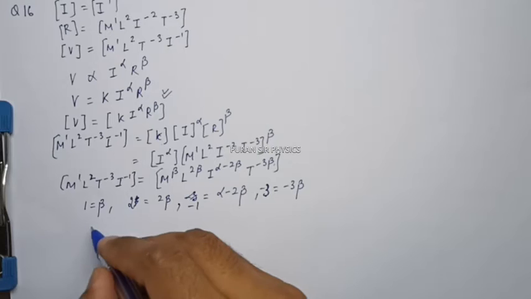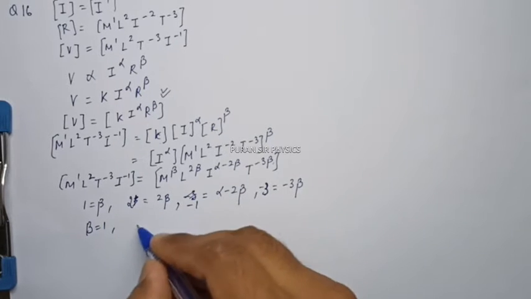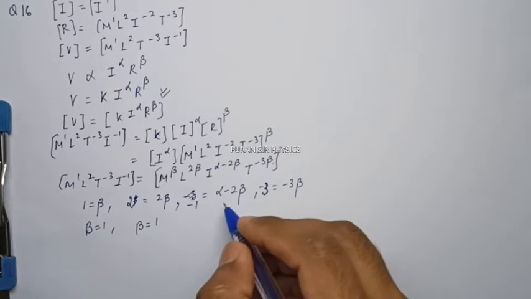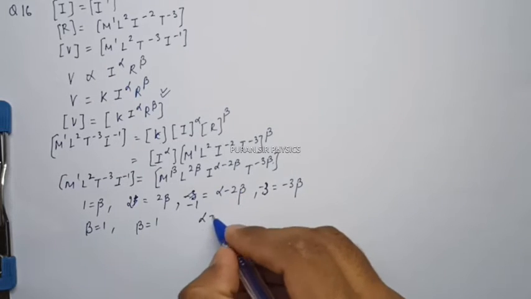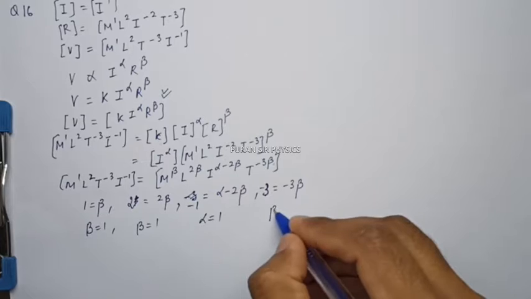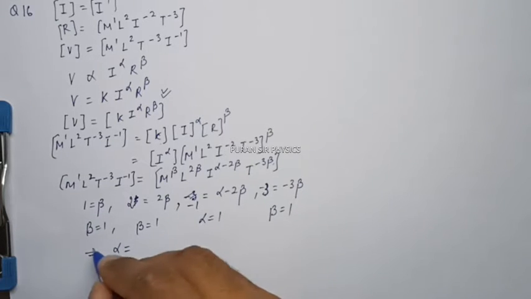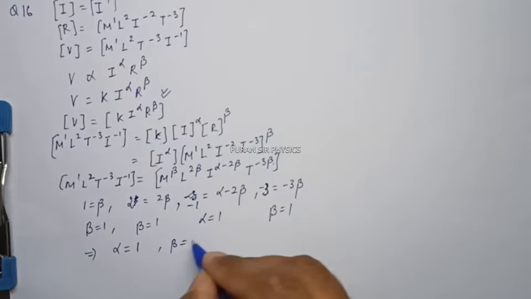So from this we have beta equals 1. From here also beta equals 1 comes out, and if we put beta equals 1 in this expression, we will get alpha equals 1. So alpha is equal to 1, beta equals 1.